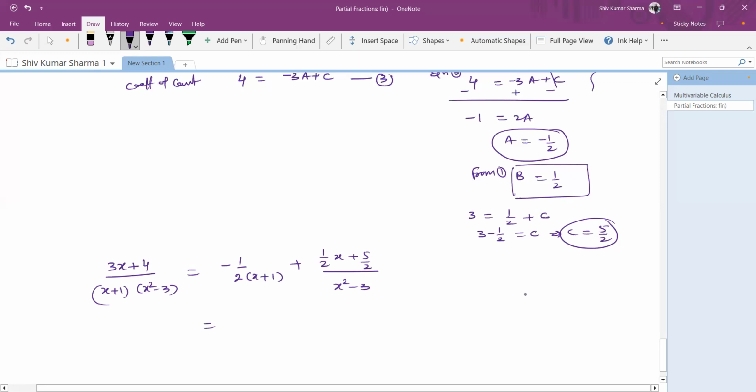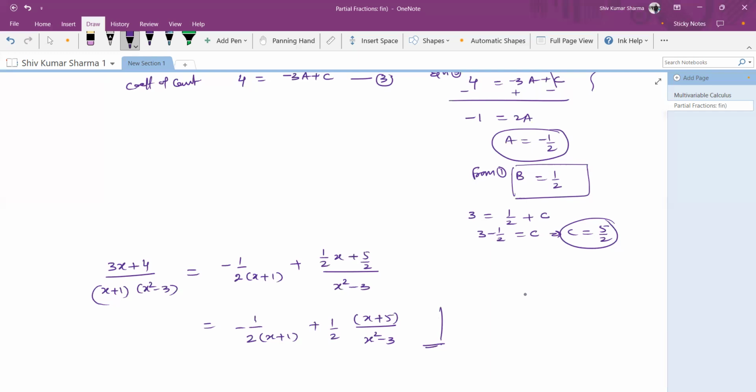So you can write down this as minus 1 by 2 upon x plus 1 plus 1 by 2 taken in the denominator, so it can be written x plus 5 upon x square minus 3. So hope you understand the partial fraction.